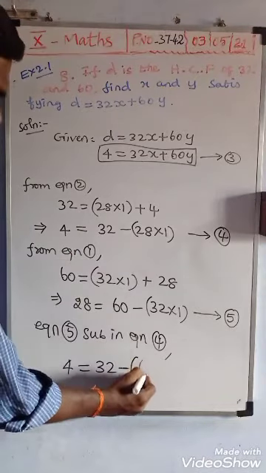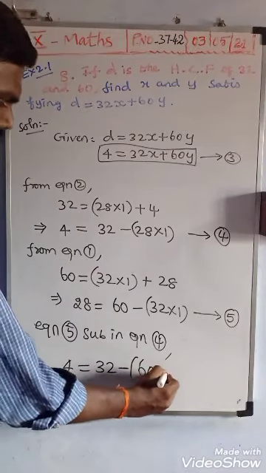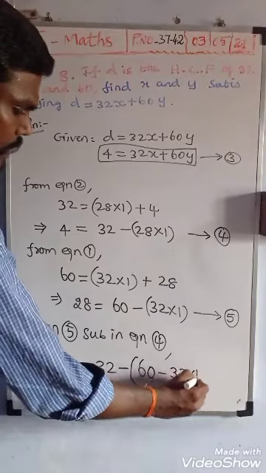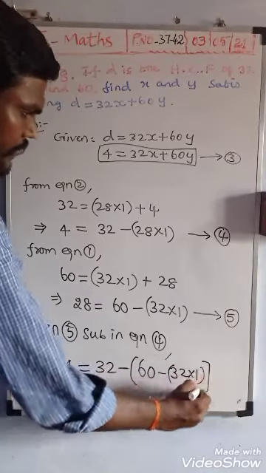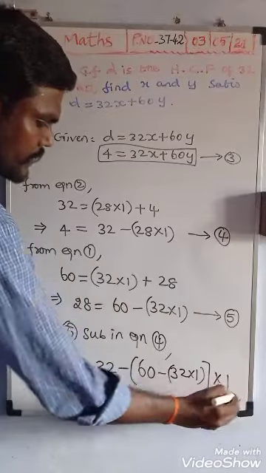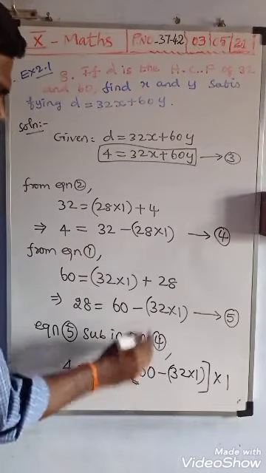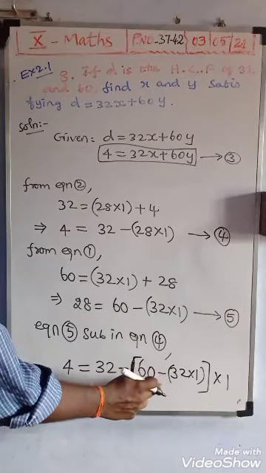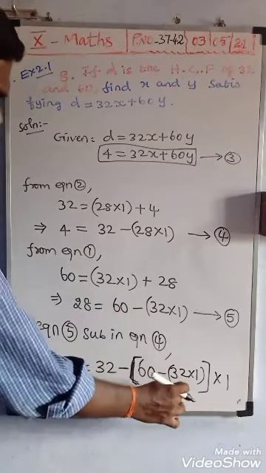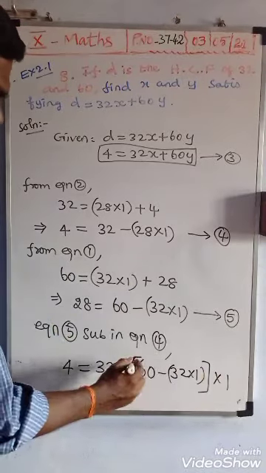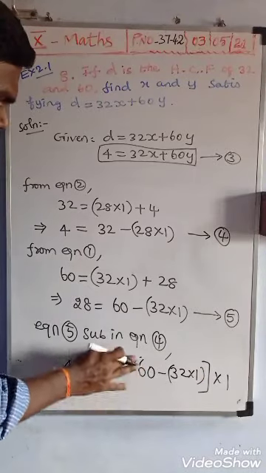What is that? 60 minus 32 into 1, into 1. Instead of 28 you should substitute 60 minus 32 into 1, into 1. This we want to substitute.